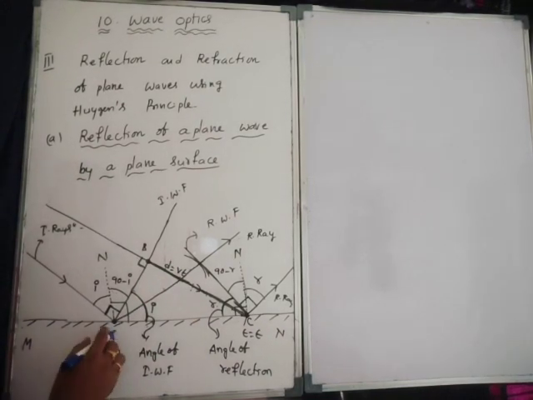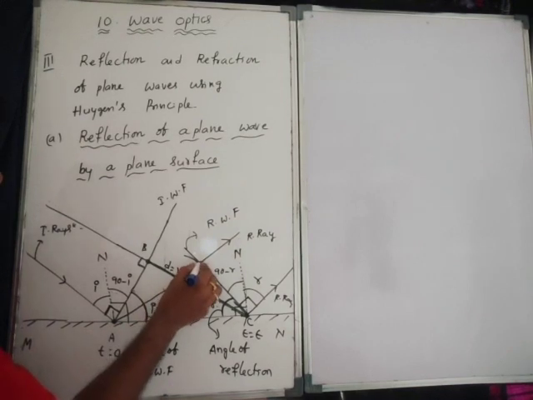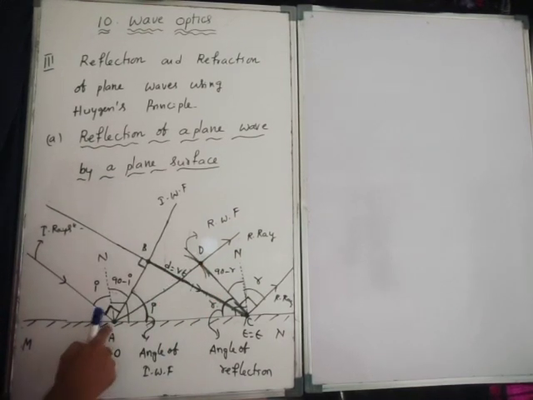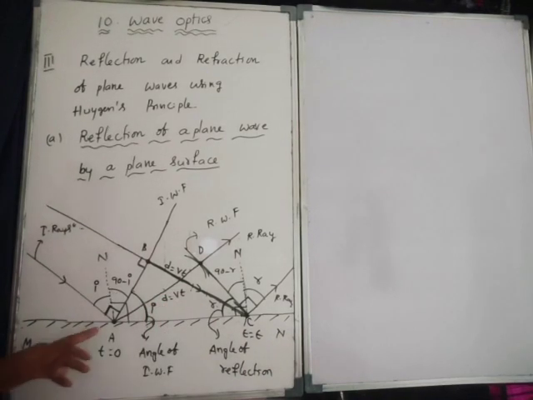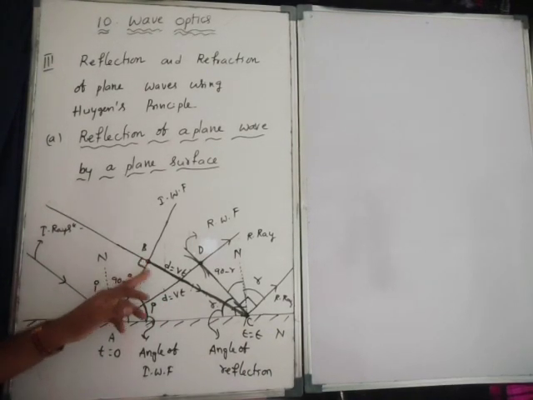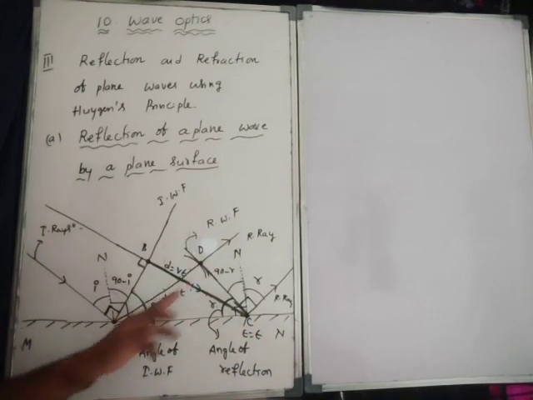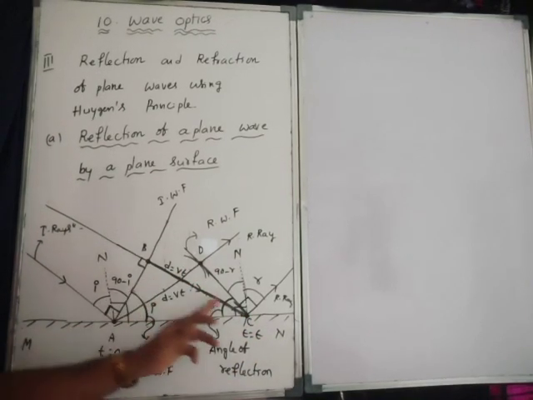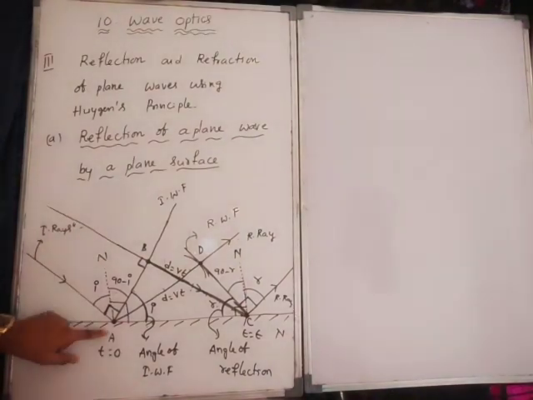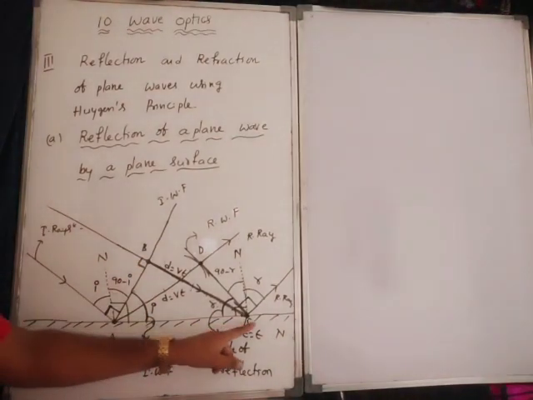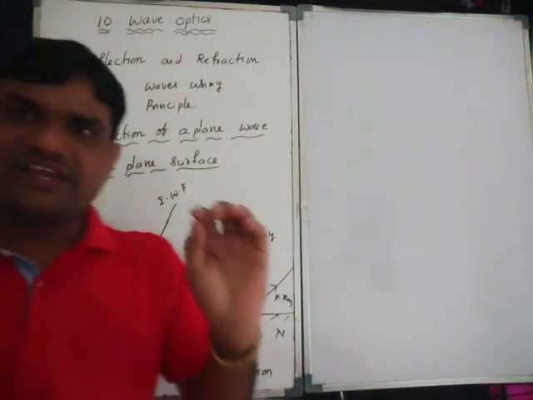Similarly, the distance from A to D is also V into t. Why? Because this is the incident wavefront and this is the reflected wavefront, both having the same distance. And A to B as well as C to D also have the same distance.